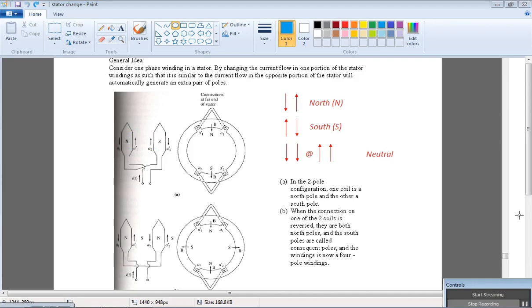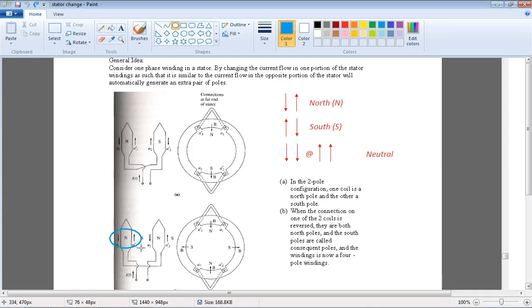For figure B, when the connection on one of the 2 coils is reversed, they are both north poles and the south poles are called consequent poles, and the winding is now a 4-pole winding. In figure B, we reverse the point of entry for the lower coil, so it will produce an extra 2 poles.